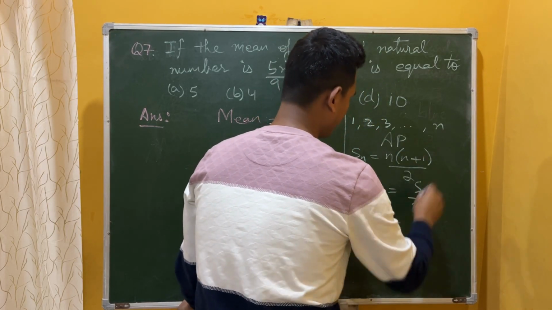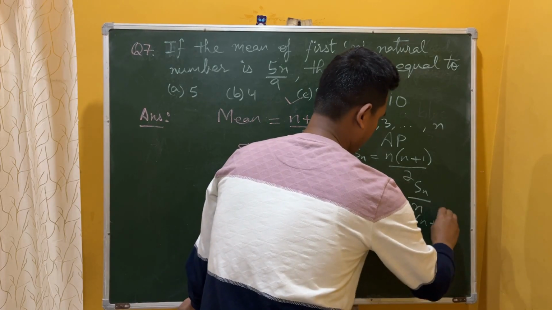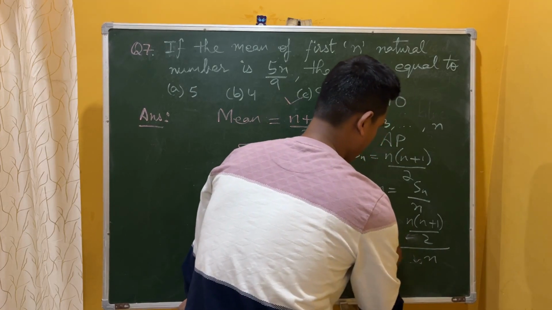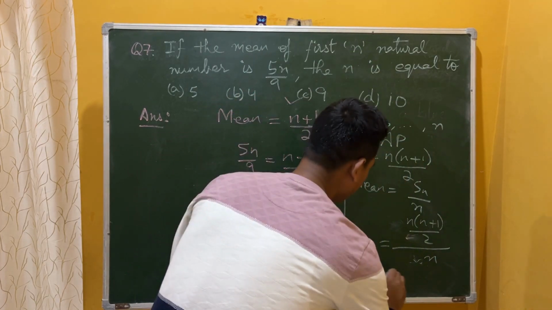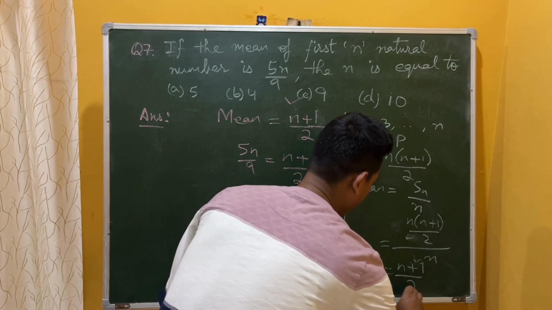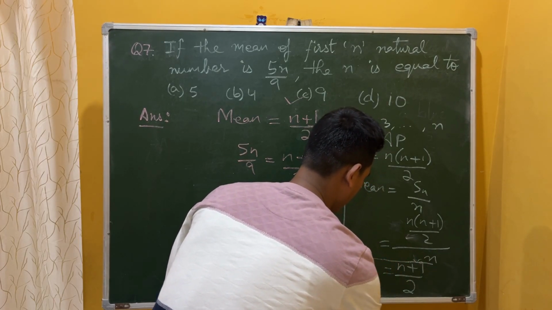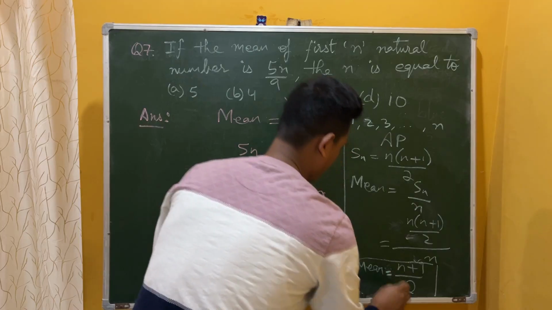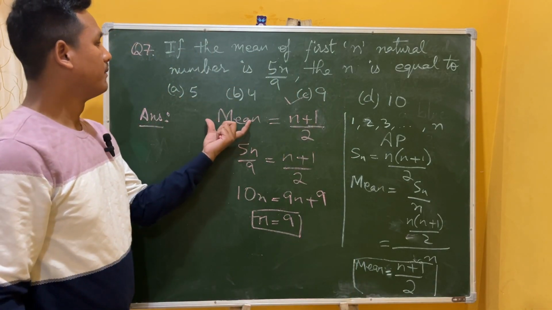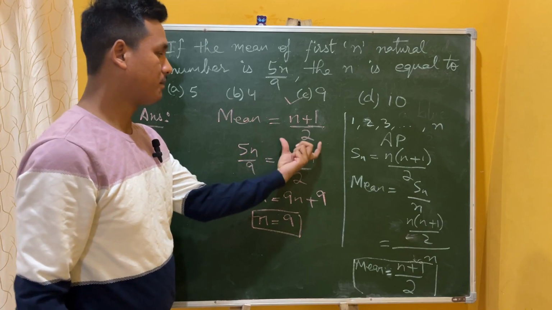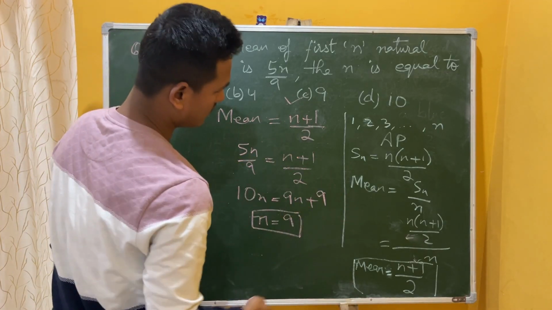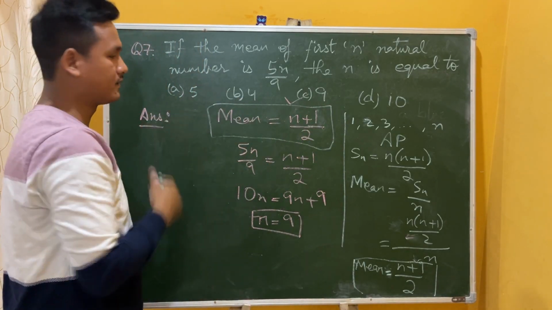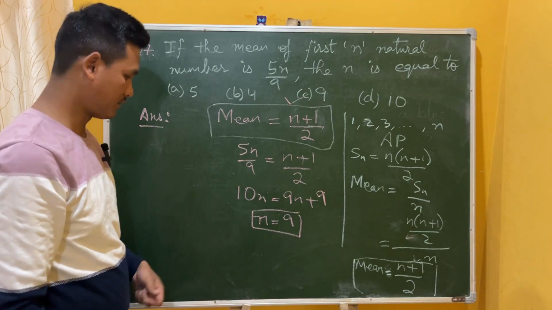So if you put the values here, this is divided by n. So n and n gets cancelled. So your answer is n plus 1 by 2. This is your mean. That's how we got the mean of first n natural numbers is n plus 1 by 2. So during exam, it's better you remember the formula and directly substitute it and get the answer.